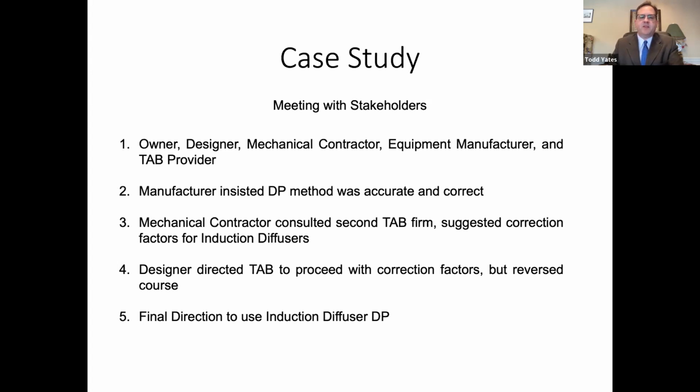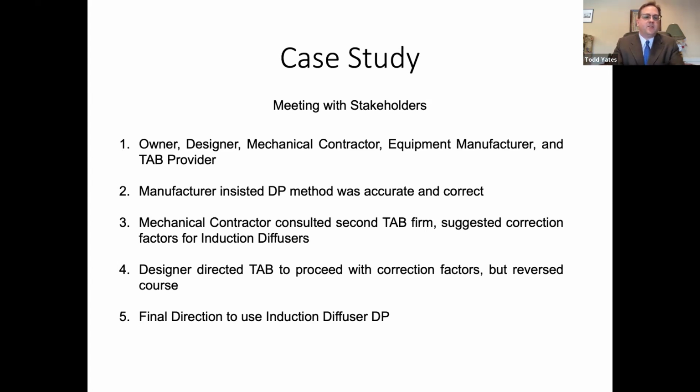The mechanical contractor contacted a second TAB firm in another state that they'd worked with quite a bit, and this fellow said that yes, we've seen this. We've done a lot of these projects, and these things are almost never accurate. And what we do is we traverse one, we'll traverse a couple of the same size, and we come up with a new CV.